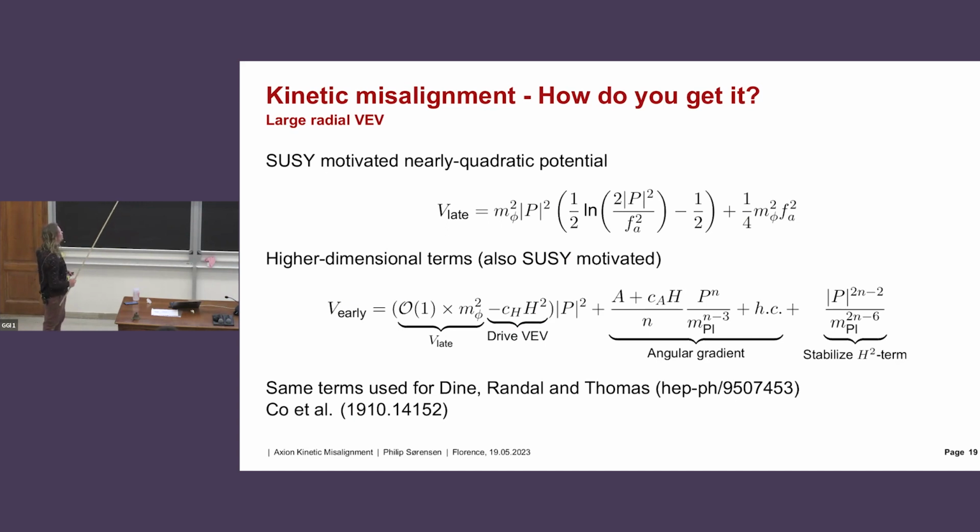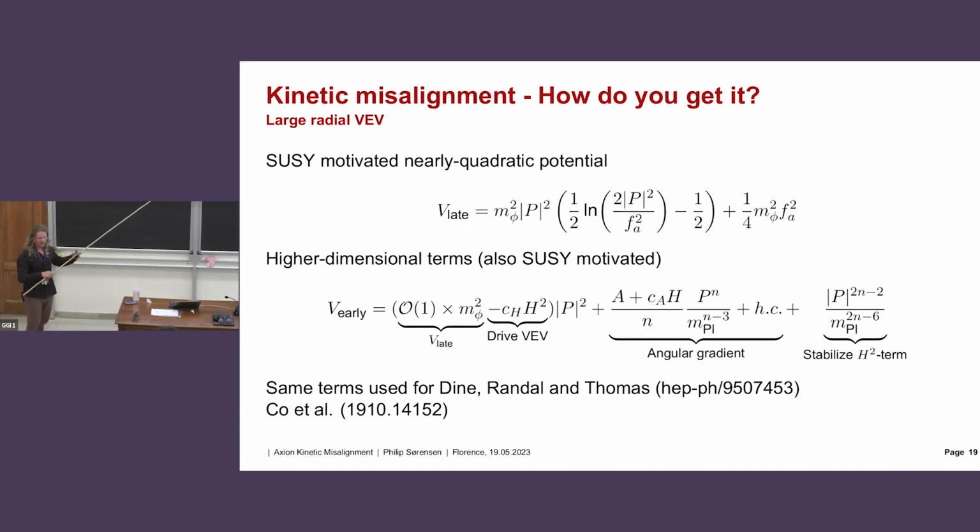In addition to generating a small radial mass, much smaller than f_a, and including these higher dimensional terms, you also couple it to the energy density through a Planck suppressed operator, such that you get a finite density correction, a mass contribution from this coupling that's proportional to Hubble. And this can appear either with a positive or negative sign.